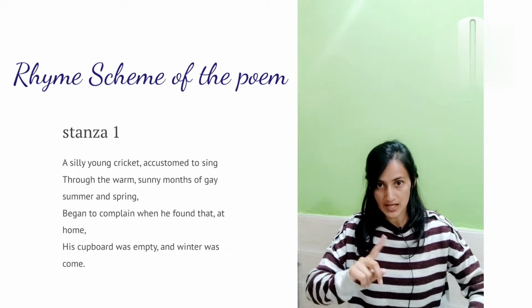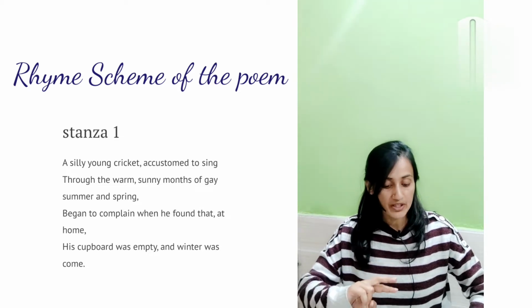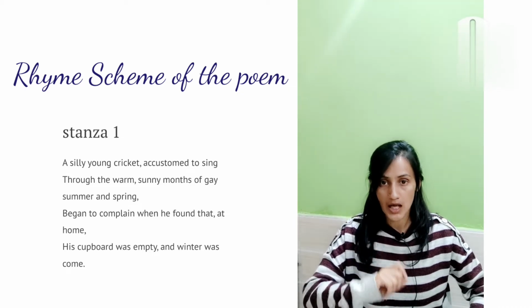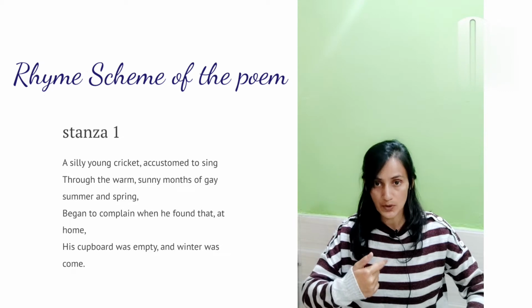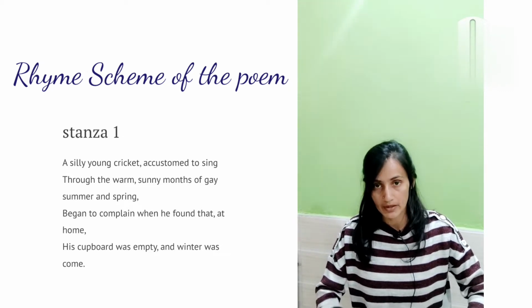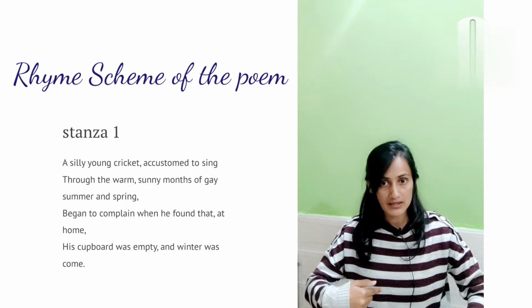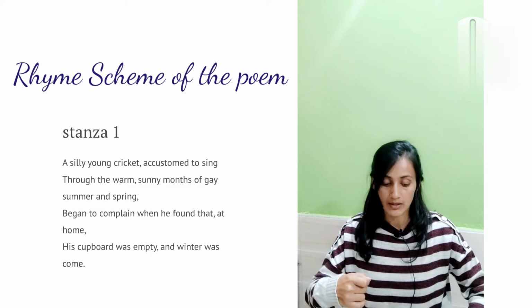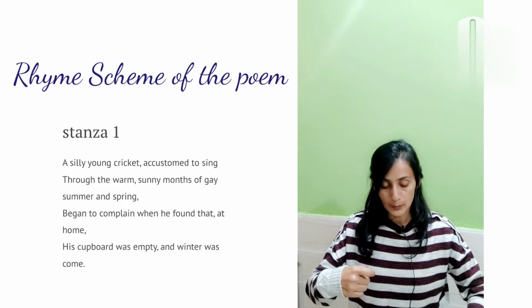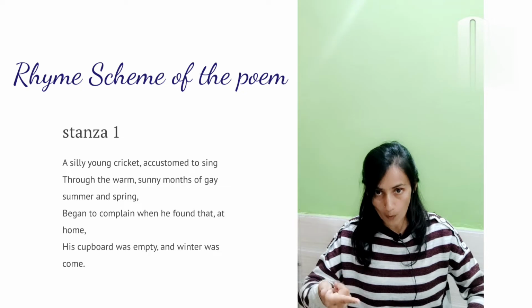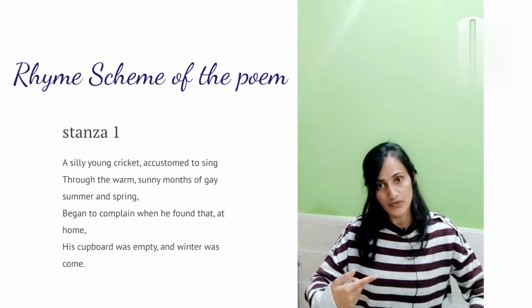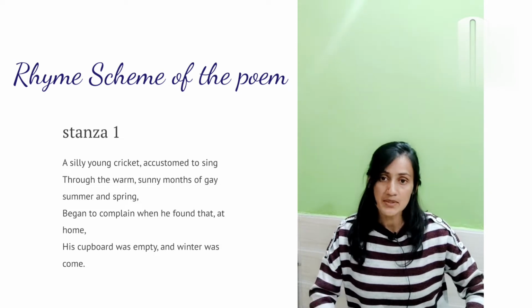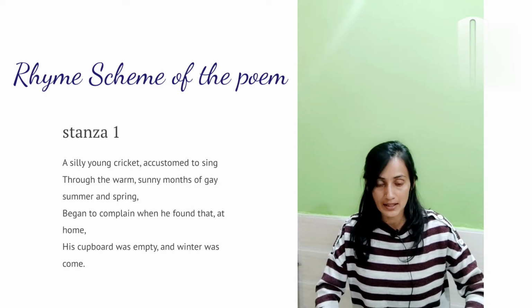In the first stanza, the last word of the first line is sing, and the last word of the second line is spring. So sing, spring, similar sound. That's a. In the third line we see home, then in the fourth line, come. Home, come, similar sound, bb. So the rhyme scheme of the first stanza is a, bb.